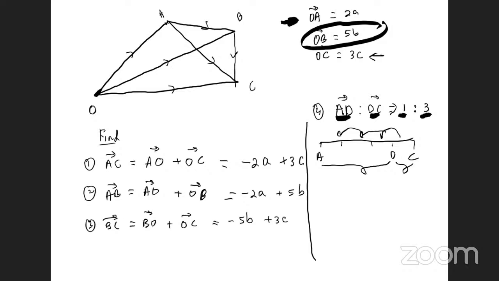So AD is 3/4 of the way, and DC is 1/4 of the way. So I will come to this diagram here and put D right here. This is 3/4, and this is 1/4, just like what I did last time. All right, I put D in the right place, and then I'm going to ask you now to find OD.